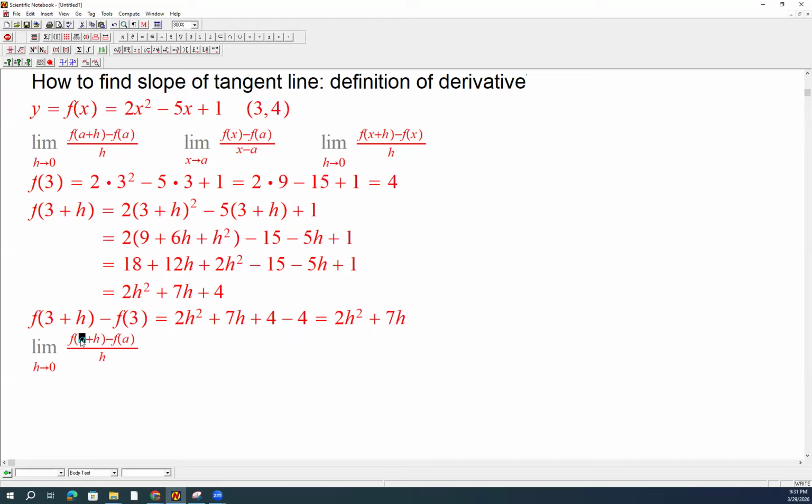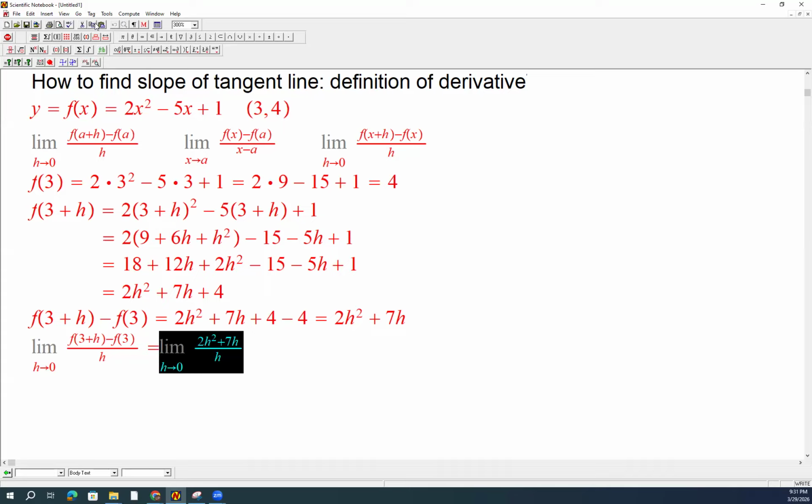Okay, so we got our 3 plus h, 3. And that limit, it becomes more concrete, right? Because we've done the top. And the next step is h is going to be reduced.